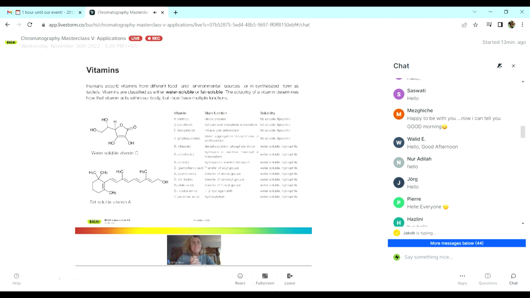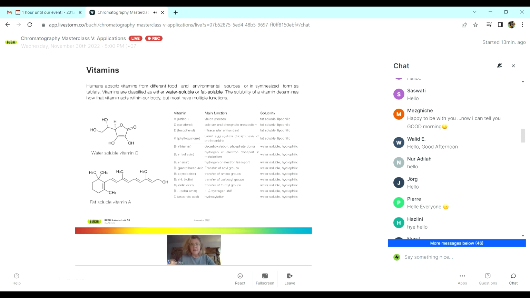Humans can absorb the vitamins either from food and environmental sources, or they can take them in synthesized form as tablets. And these vitamins can be classified as either water soluble or fat soluble. The solubility of a vitamin then determines how the vitamin acts in your body.